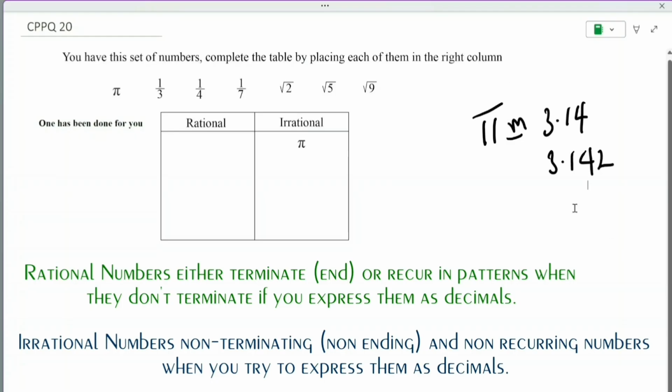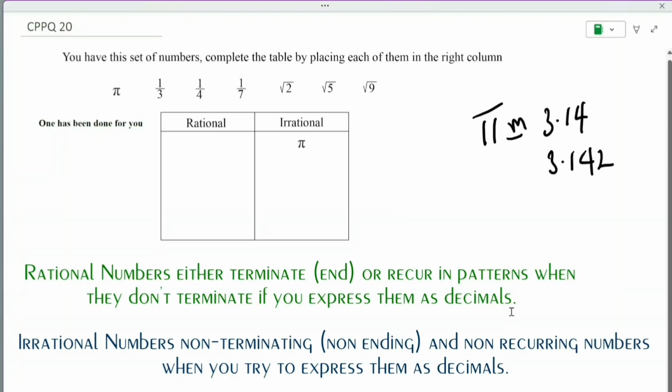But this is not the actual value of pi in decimal, it's just an approximation. Pi as an irrational number can actually be described as non-terminating, that's non-ending, and also non-recurring.